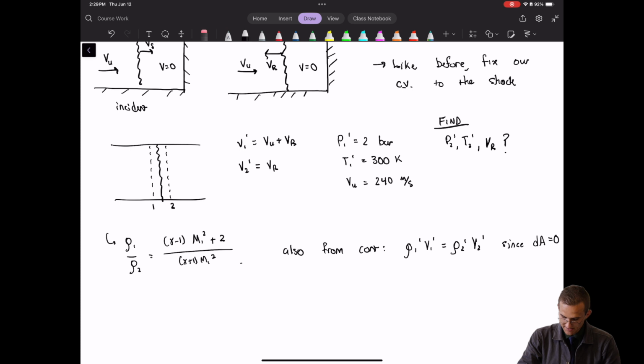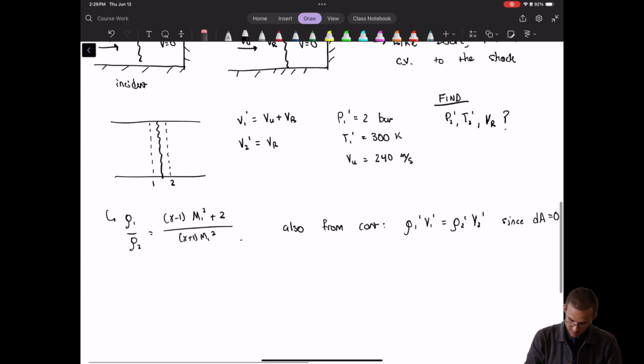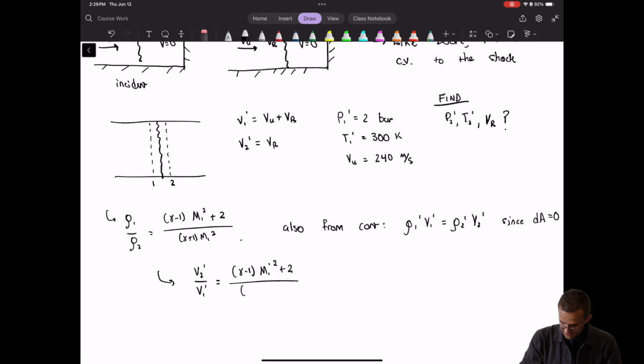So what that tells us is that V2 prime over V1 prime is equal to gamma minus 1 M1 prime squared plus 2 over gamma plus 1 M1 prime squared.